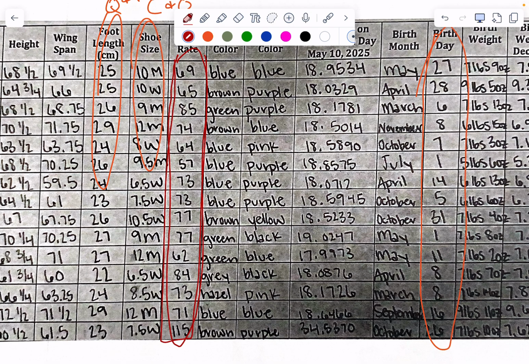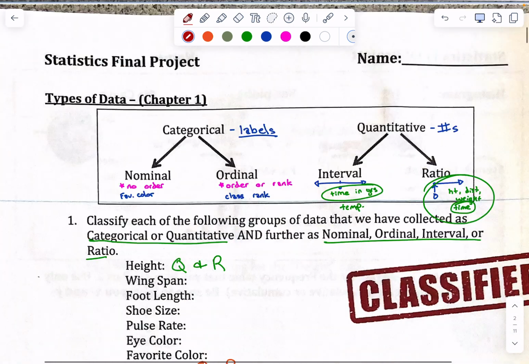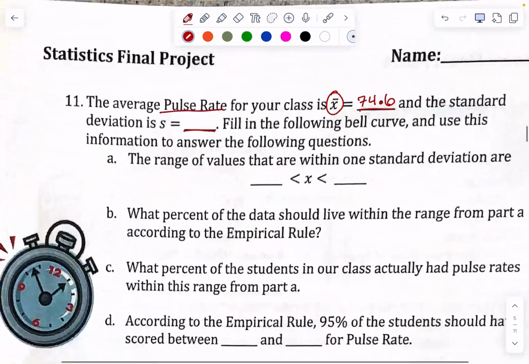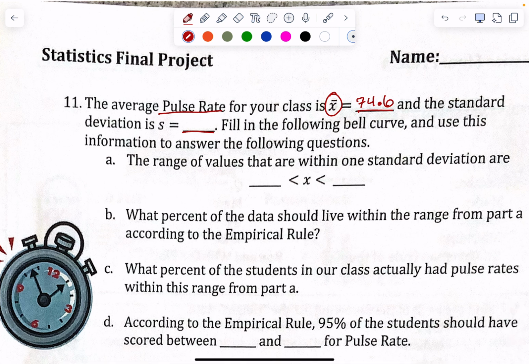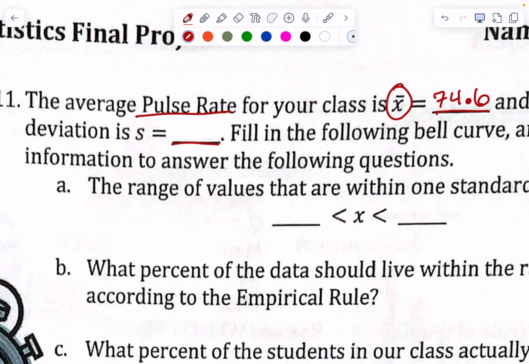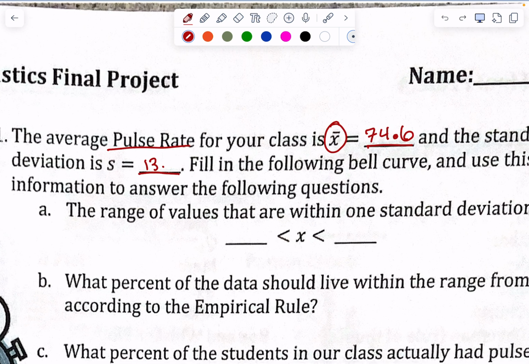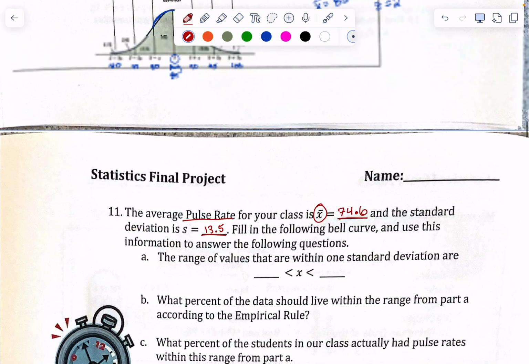That should be 15 numbers. Okay? Aubrey said the average is 74.6. She's right there. Okay? And the standard deviation is 13.7. 13.5? Yep. 13.5. Okay?